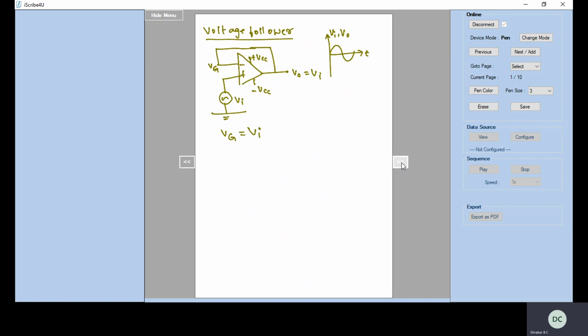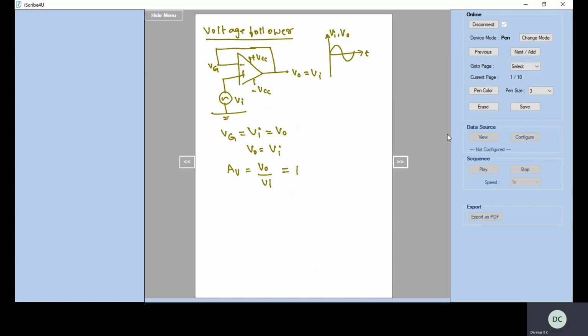Since Vg is directly connected to the output, V0 is nothing but Vg. So therefore, the output voltage follows the input voltage. Since the output voltage follows the input voltage, the gain, defined as the ratio of output by input, is 1. So therefore, the main application of the voltage follower is that it is used as a buffer amplifier.